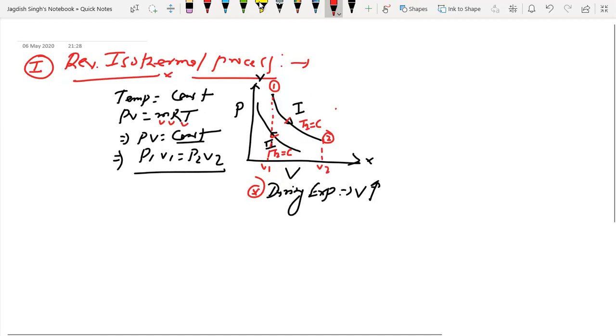In this condition, V2 is greater than V1. So we can say that process 1 is an expansion process. Why? Because in an expansion process, volume increases, and here V2 is greater than V1.